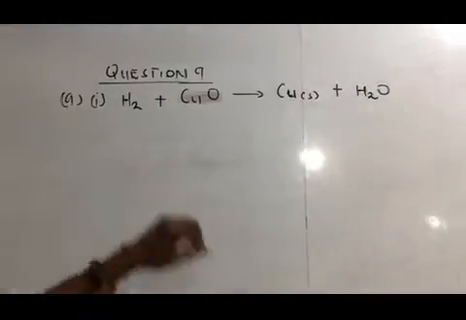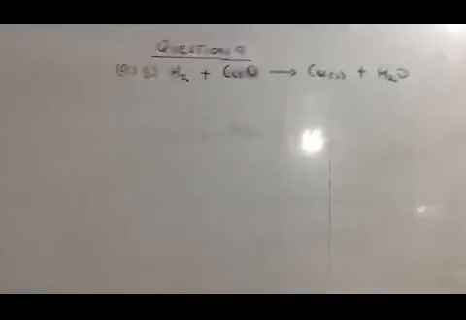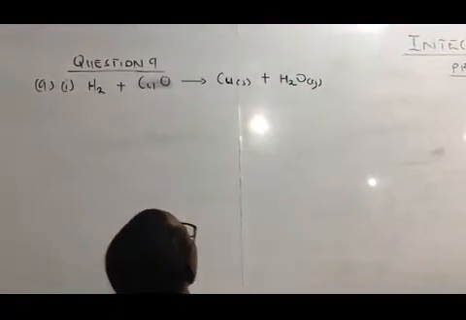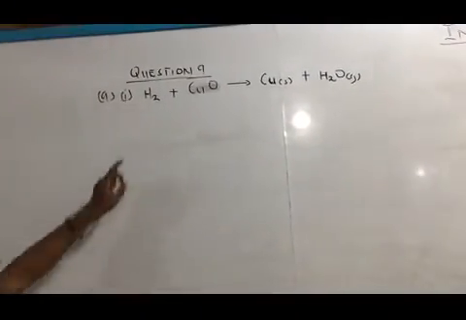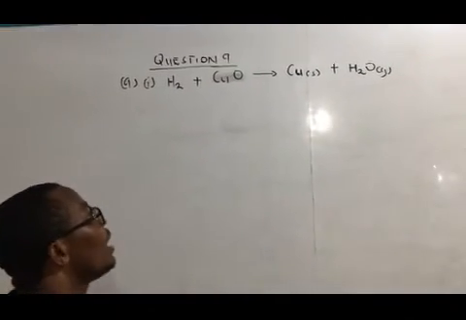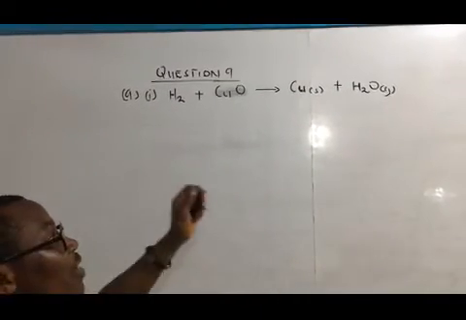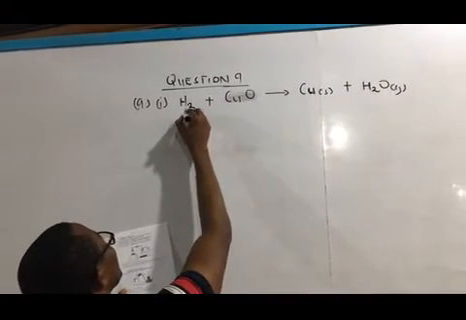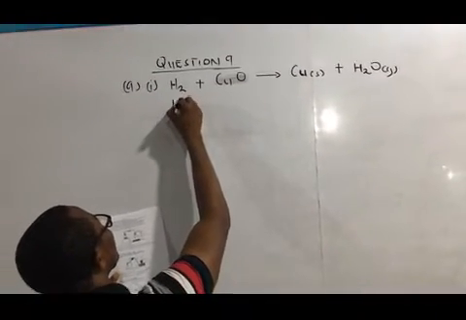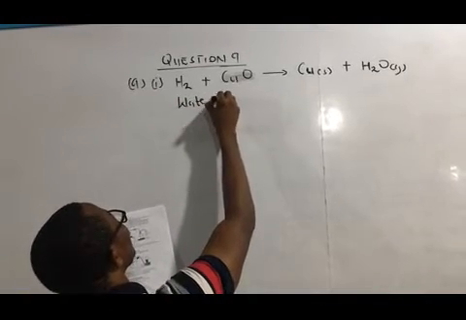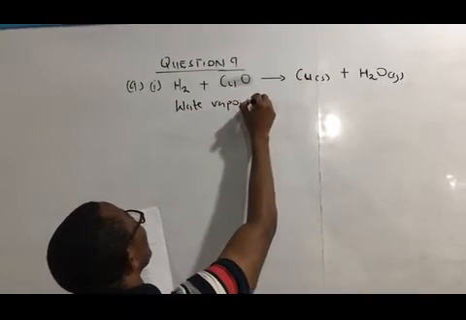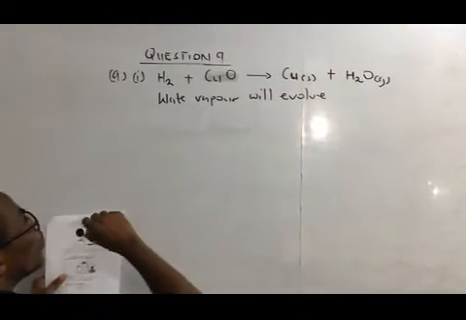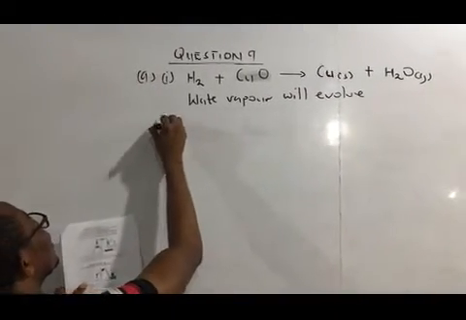Okay, so water will be formed, and this water will be in a gaseous form. So water vapor will be formed. So in the process, there will be an evolution of water vapor.